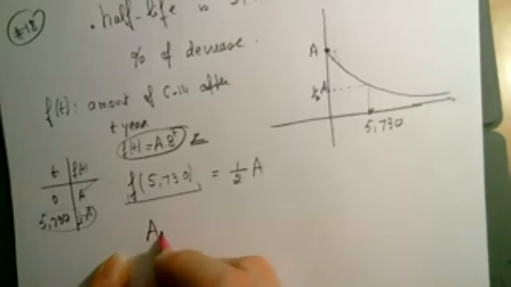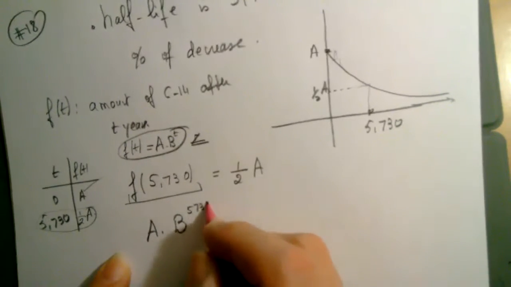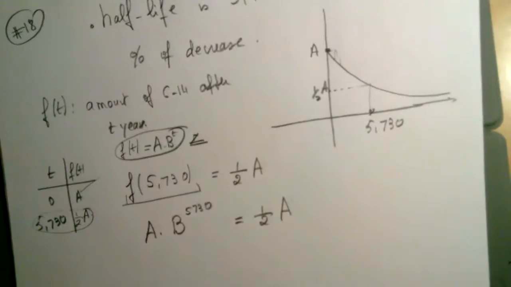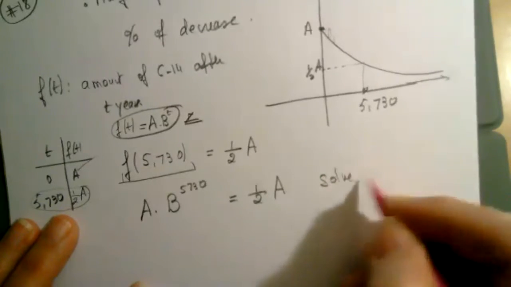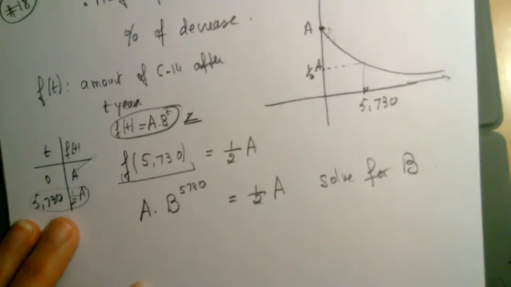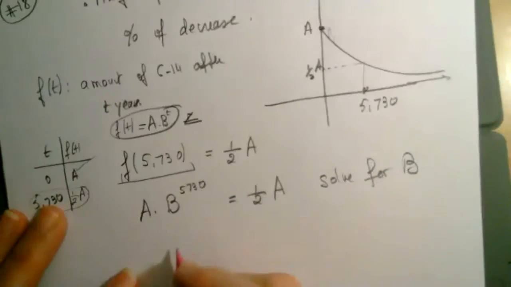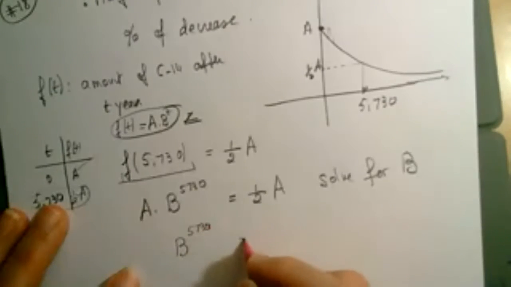This will give me A b to the 5,730 equal 1/2 A. And the question is, solve for B, and then R. So I divide by A. We got rid of it. So it's exactly like the previous one. It's 1/2.